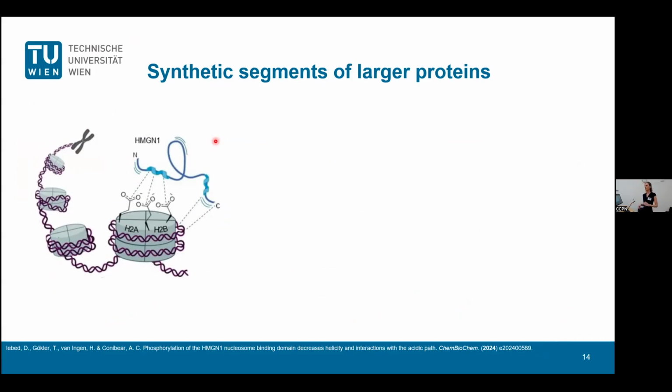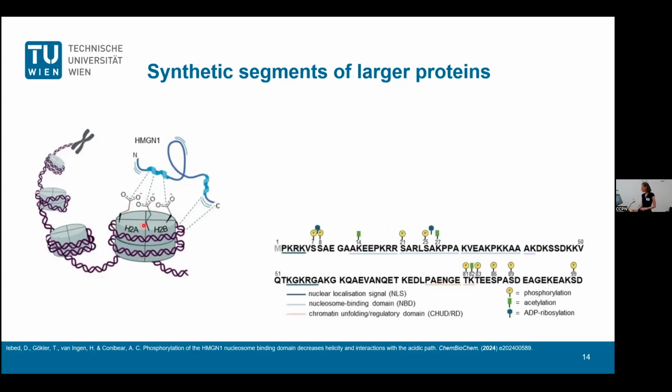And I thought, okay, that's a nice size for NMR. It was one of the reasons I picked it. It's thought to be involved in chromatin folding, in the compaction of DNA, and to interact with the acidic patch that the histones form on the nucleosome. And of course, in my interest, it was highly post-translationally modified. These are some of the modifications that are known in the UniProt database.